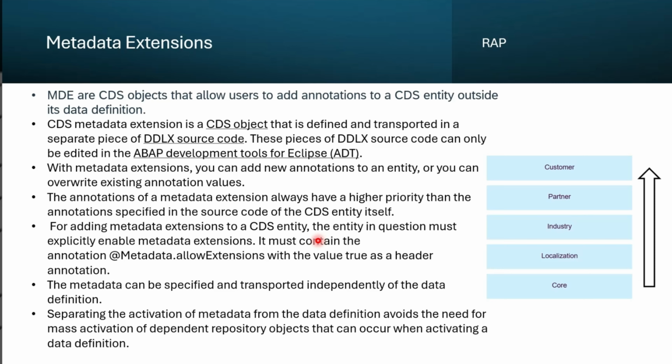The CDS view on which you are going to create that metadata extension should have a particular annotation, which is this one: @Metadata.allowExtensions: true. That means you will be able to create metadata extensions for the particular CDS entity.